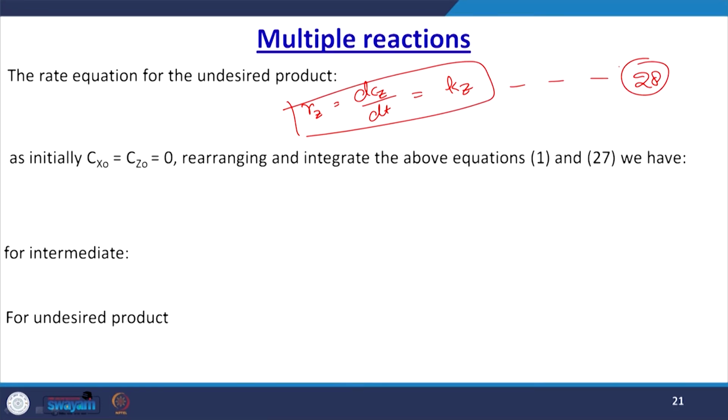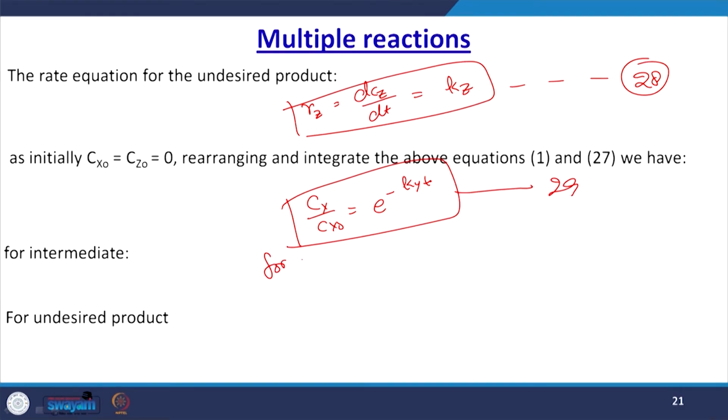Now, as initially Cx naught is equal to Cz naught is equal to 0, rearranging and integrating equation number 1 which we discussed and equation number 27, Cx upon Cx naught becomes e to the power minus Ky t. That you can say is equation number 29.